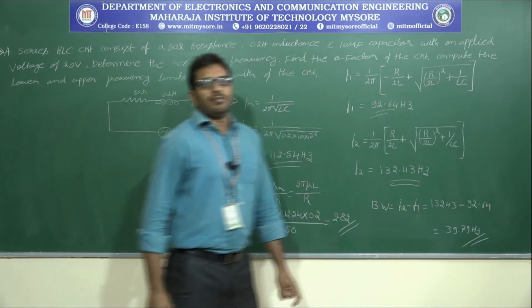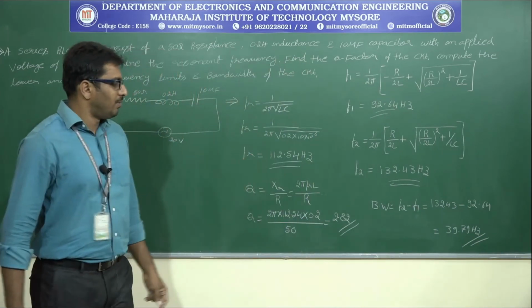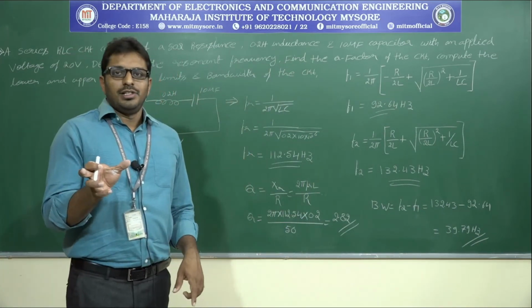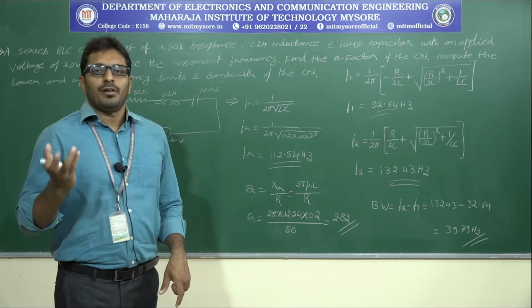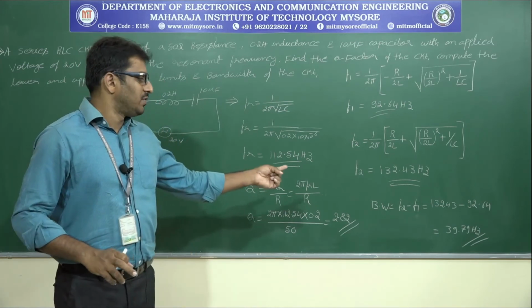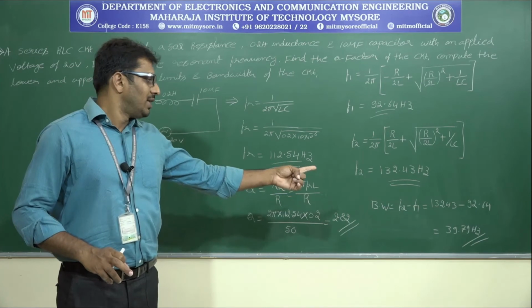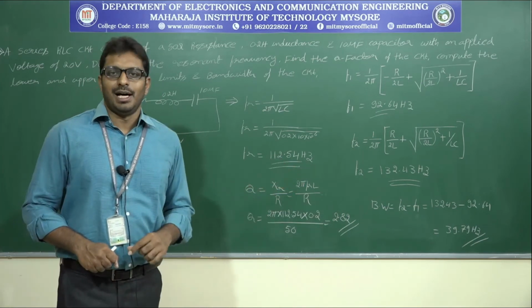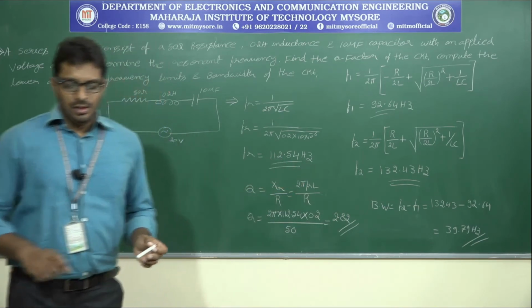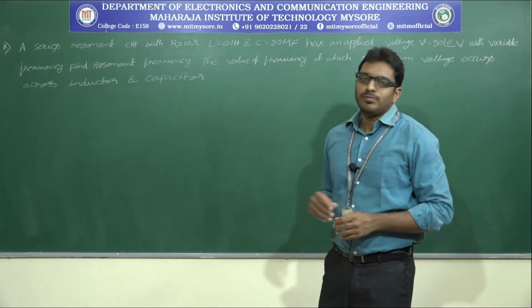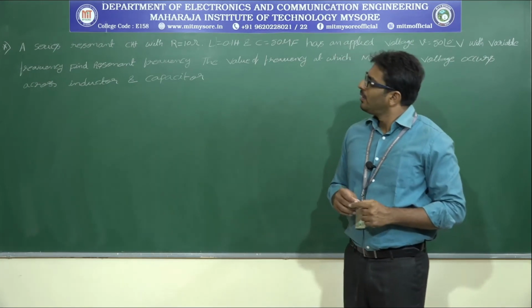The algebraic difference between upper cutoff frequency and lower cutoff frequency is known as bandwidth. How much? 39.79 hertz. Thank you. Okay, now let us move on to one more problem.